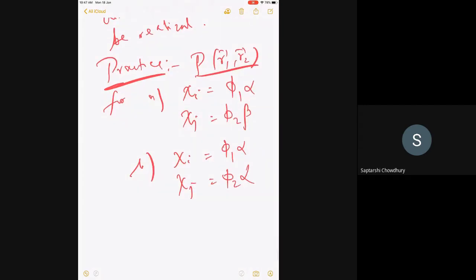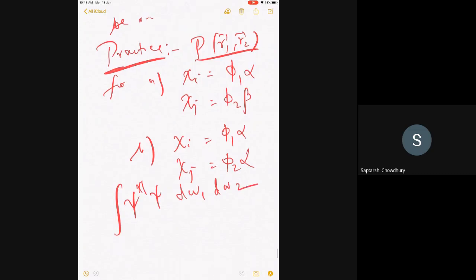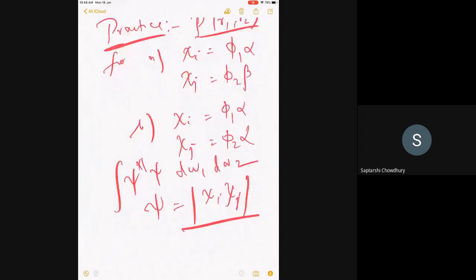So the idea is to do psi star psi, integrate over only omega 1, omega 2, and take psi as a determinant of chi i, chi j. I've written everything. So take psi as chi i, chi j, which means there are 2 terms in the psi itself. Don't confuse. Each term has space and spin parts.